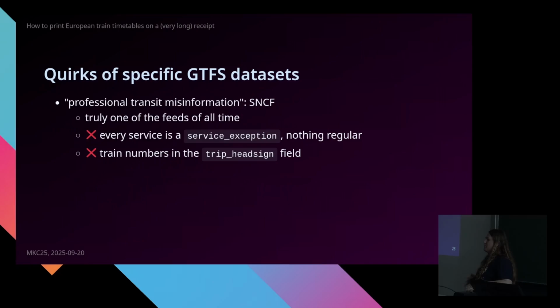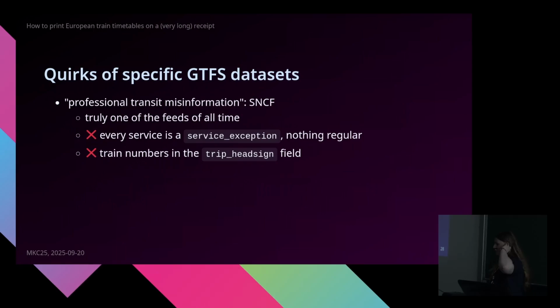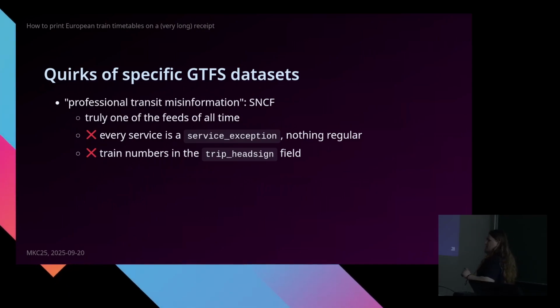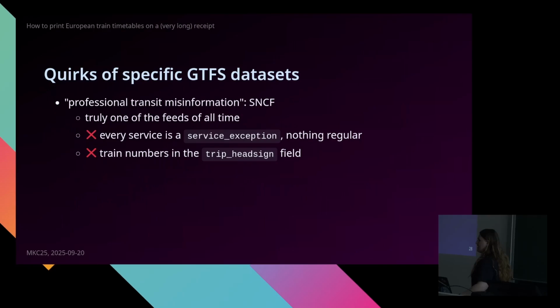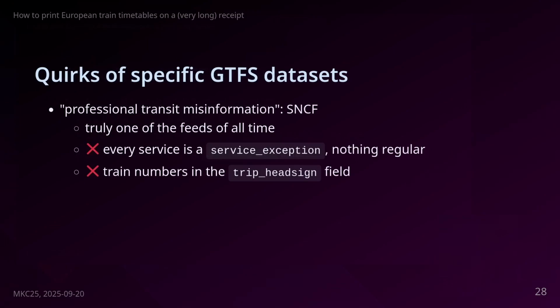Although they could very much just use the trip short name, which they do not use, by the way. It's not a compatibility issue. So they could be doing it, but they just don't. And fun fact, this is also why, if some of you might have looked at SNCF trains in Google Maps, they might have been displayed as having a number as a destination instead of a city. That's why.